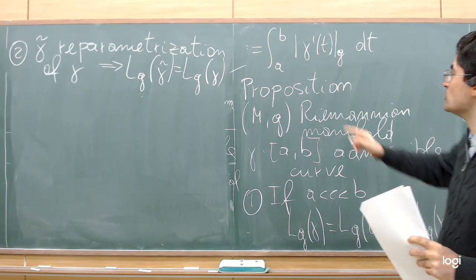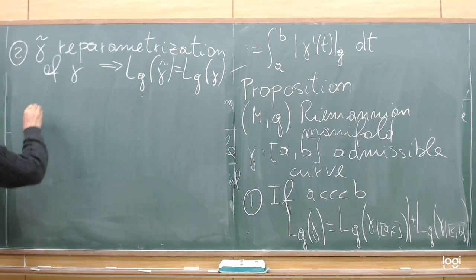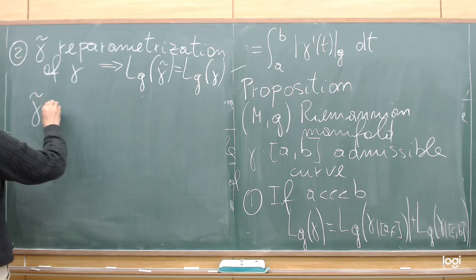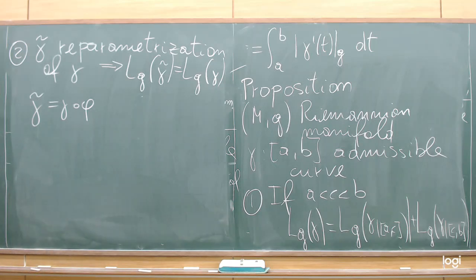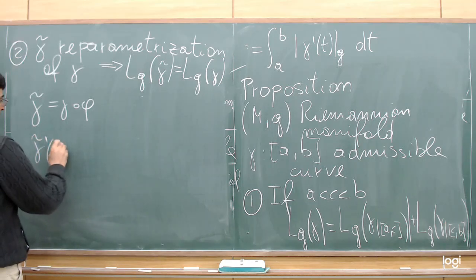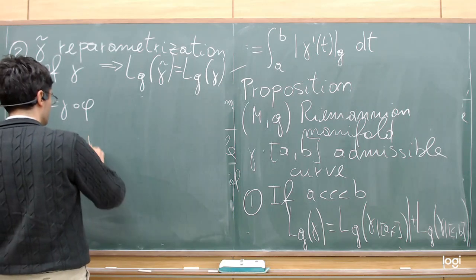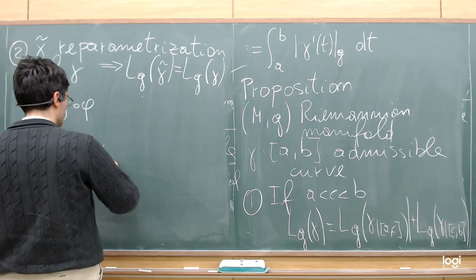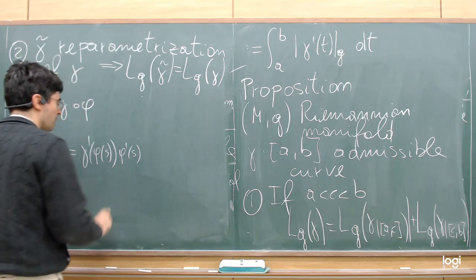Essentially, you have to use this formula with the fact that gamma tilde is gamma composed with phi, and this means that gamma tilde prime at s is gamma prime at phi(s) times phi prime of s.